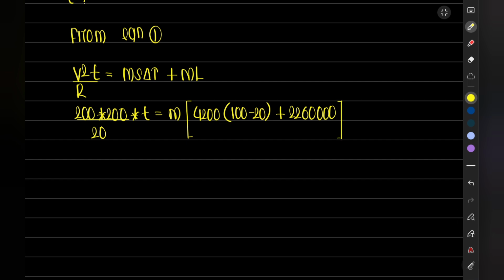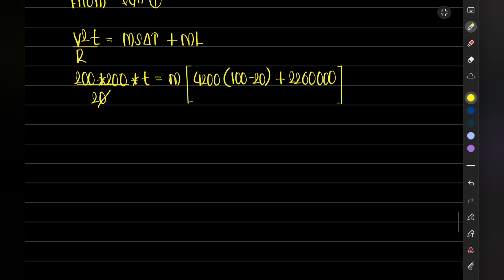Now next thing, zeros will get cancelled, this 2 and this 2 also will get cancelled. 200 into 10, it will be 2000 times t. Mass is 1 kg.